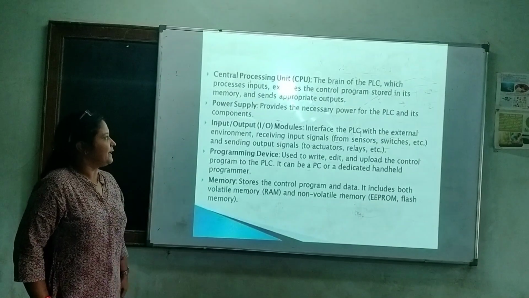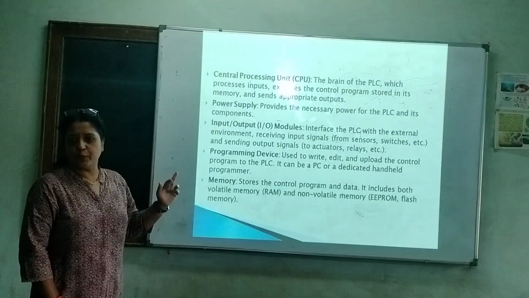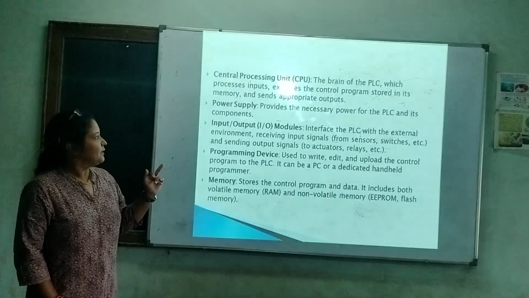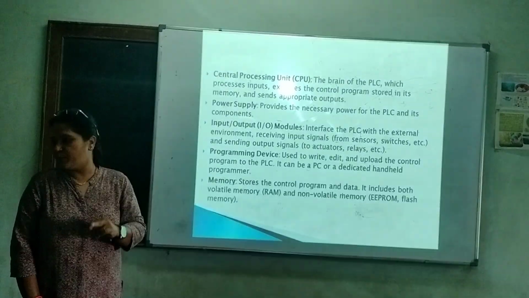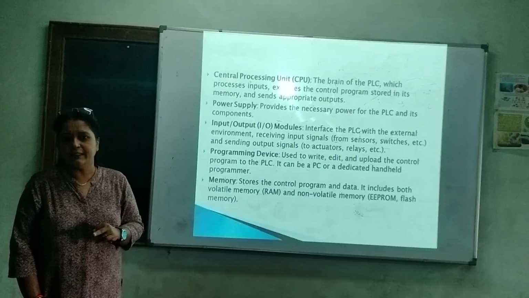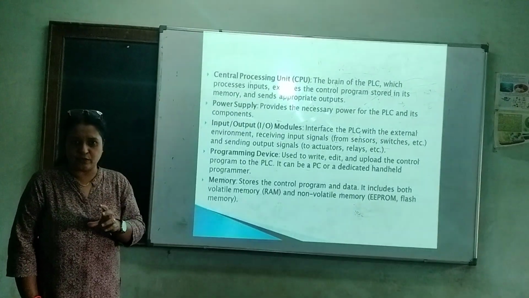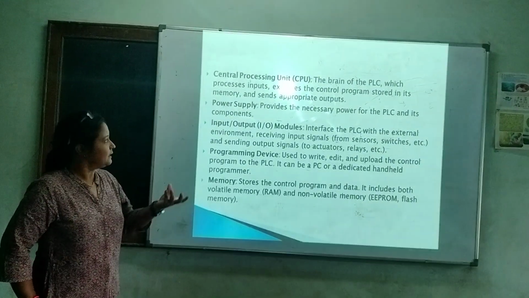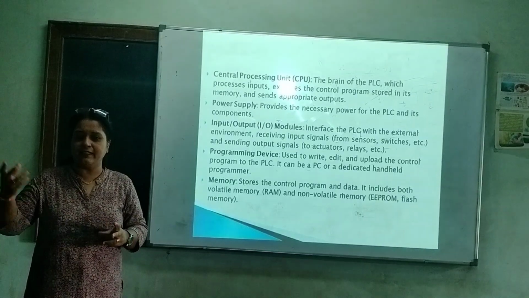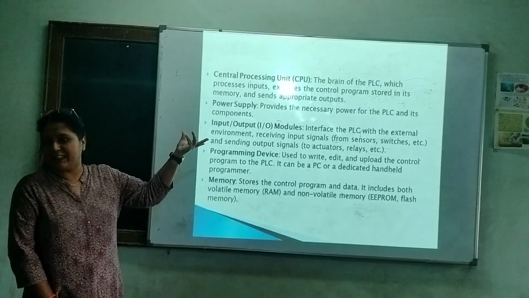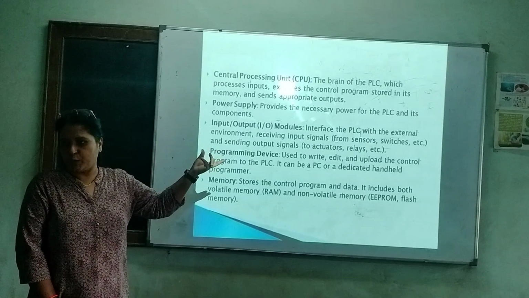It processes the inputs, executes the control program stored in its memory, and sends the appropriate outputs. Whatever inputs are fed to the PLC are processed here, the instructions in the memory are executed, and the appropriate outputs are generated and given to the outputs.